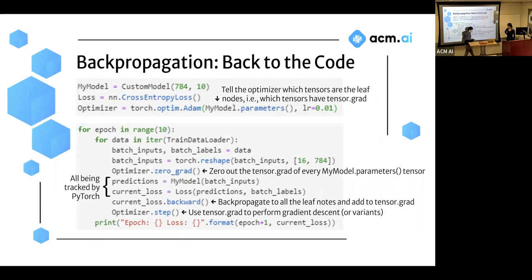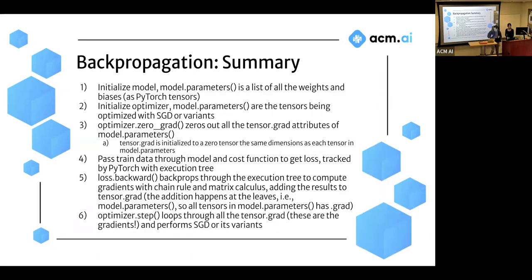Okay, cool. So as a quick summary, I know this is very long, but basically this is how the whole backward propagation pipeline works from start to end. When we initialize the model, parameters is a list of all the weights and biases that's in the model. And again, these weights and biases can be things such as your fully connected layer W and X, your CNN filters, your scale and bias in your batch normalization, anything, right?